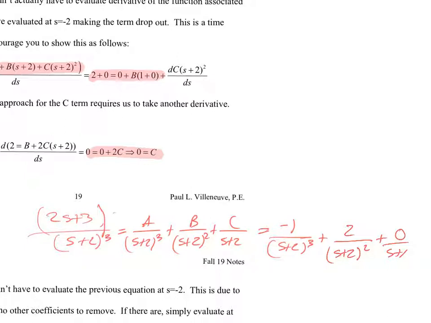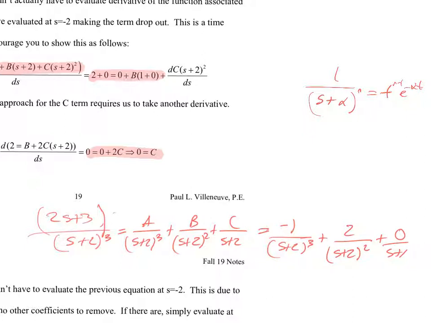This essentially looks like the table, but if you look at your table, 1 over s plus alpha to the n is equal to, let's see, t to the n minus 1, e to the minus alpha t, I believe. You can take a look.